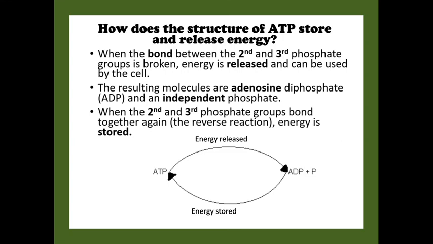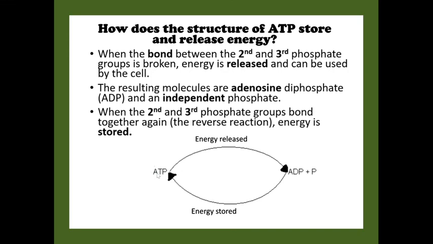So when the second and third phosphate groups bond together, in the reverse reaction, energy is stored. So you can see down here we have this loop that continues to occur. You'll have your ADP plus your independent phosphate group that will store energy. So once the energy is stored, it's going to form back into the ATP, which has the full 3-phosphate group.